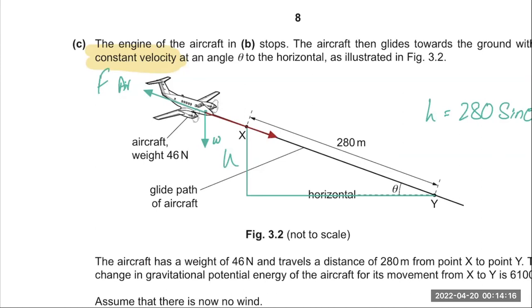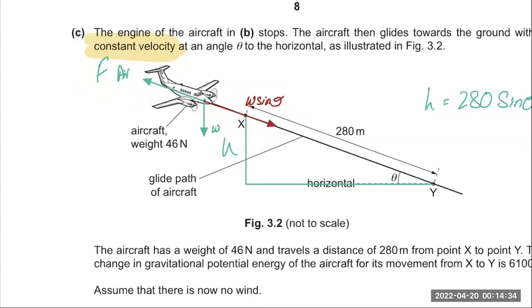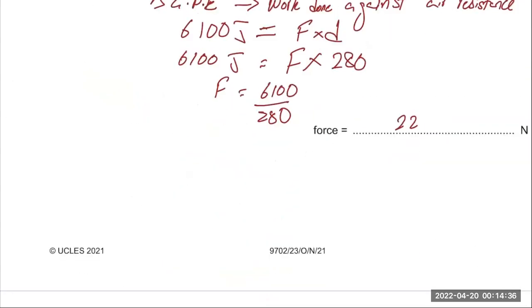And we know this is equal to W sine theta, because this is theta. The component down the slope, from our classes, I hope you remember, it's W sine theta. Because it has no acceleration, W sine theta should be equal to the force due to air resistance. If that makes sense to you, use that. W sine theta is equals to F air.